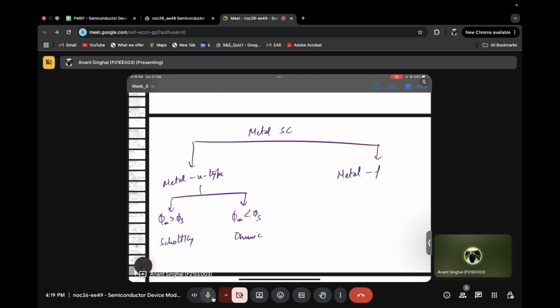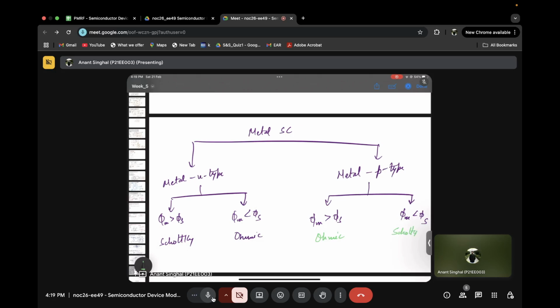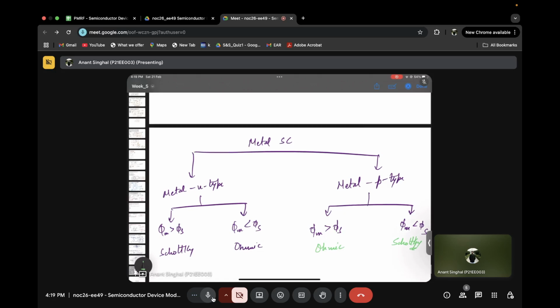You can do it at home for metal P type, in which you take two cases: when phi m is greater than phi s and when phi m is less than phi s. If you do the analysis correctly, this will come out to be ohmic and this will come out to be Schottky. You can share the band diagram over email if you want. I can check if you have done it correctly. Is it clear?